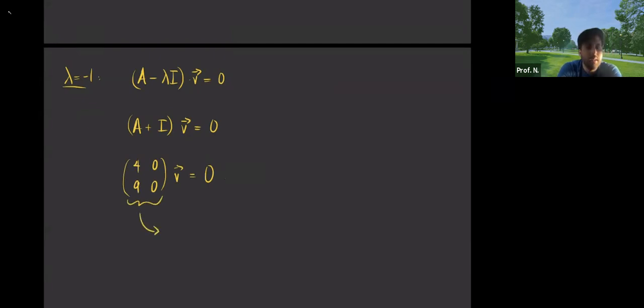Well, you look at the row reduced echelon form. What's the row reduced echelon form for this matrix?